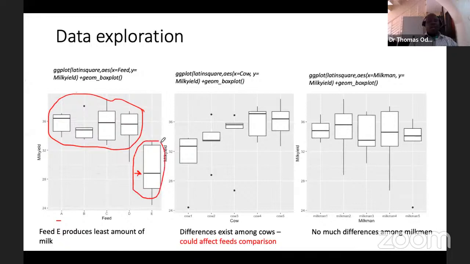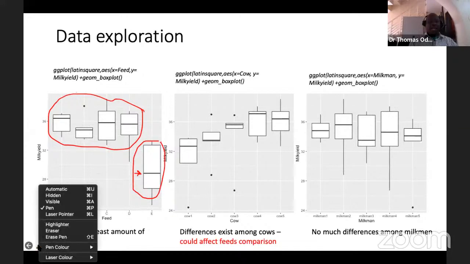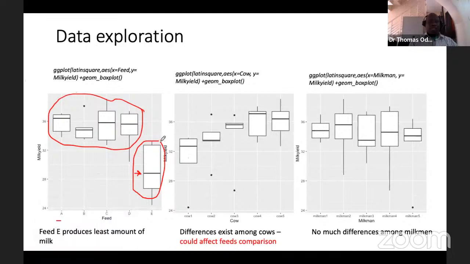But in addition to having a low yield, there is also a lot more variability for E. There's a lot more variability here compared to the rest.